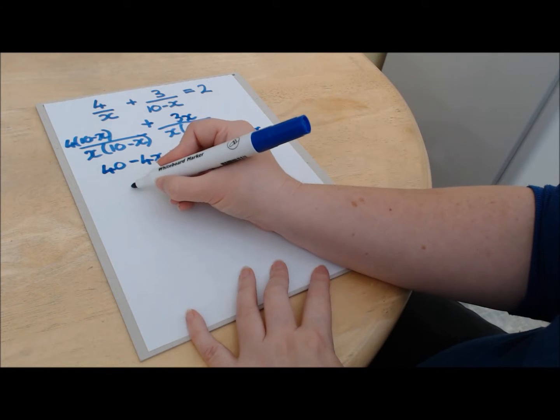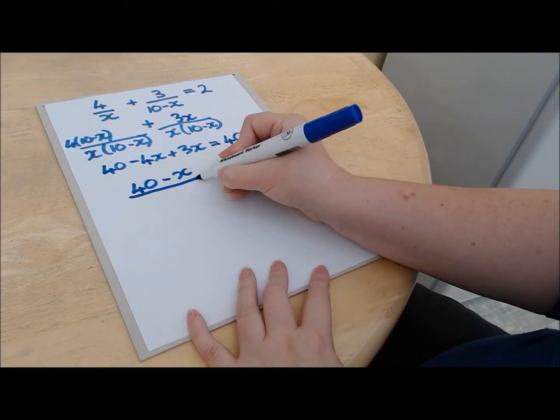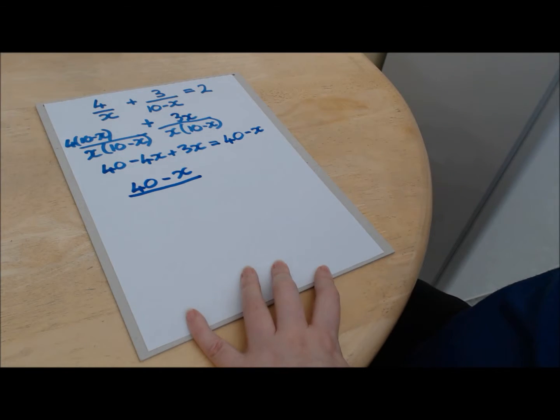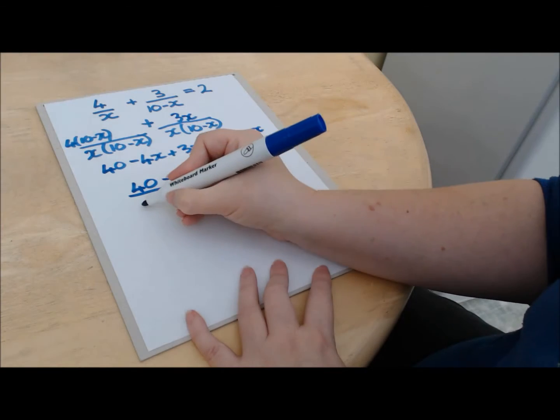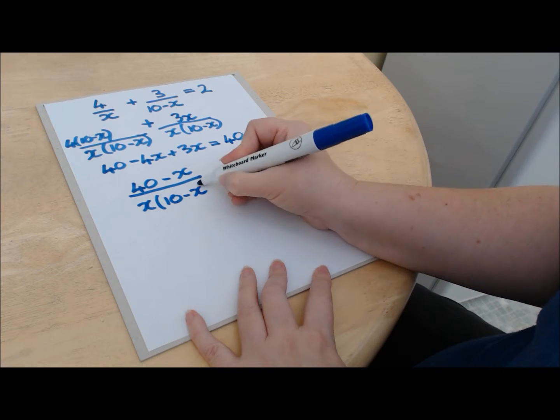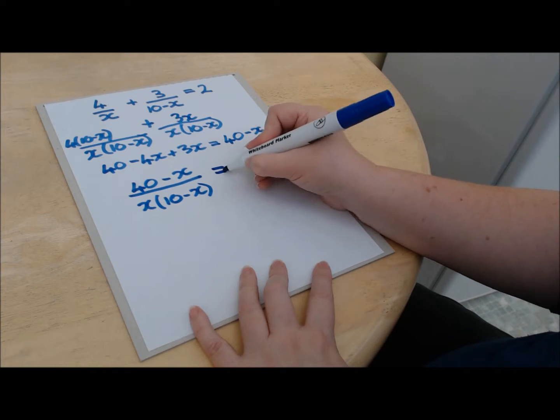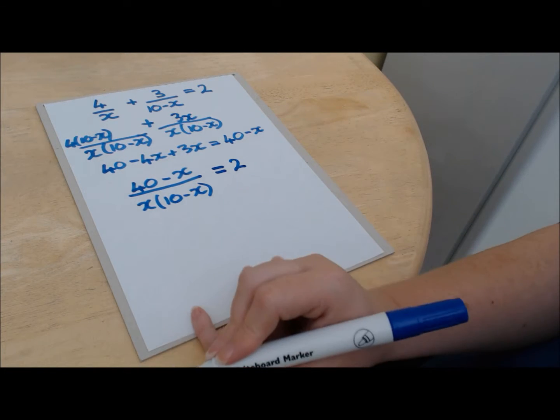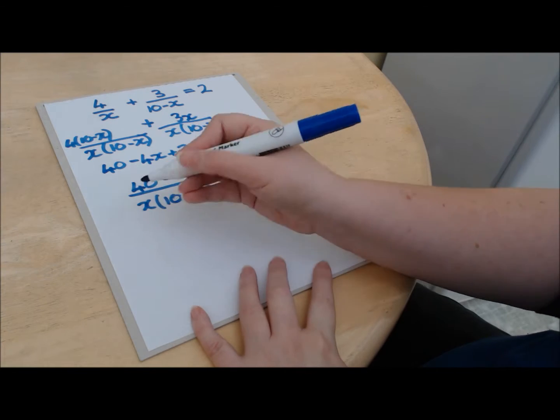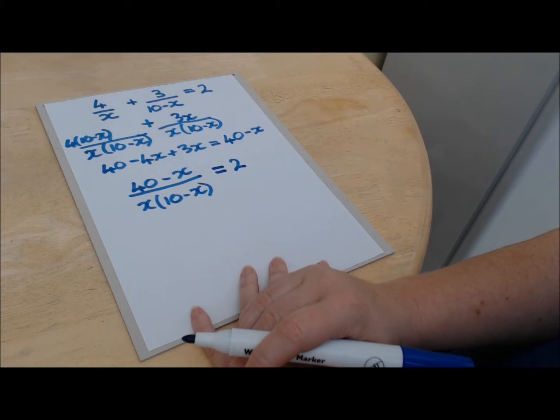So now let's write that down. Got 40 minus x, excuse me, over x brackets 10 minus x. And now we're going to bring down that equals bit again. So this equals 2. In order to be able to solve this, what we need to do now is get rid of this and start working towards having a normal looking equation.